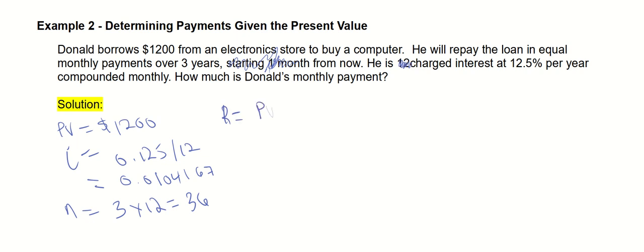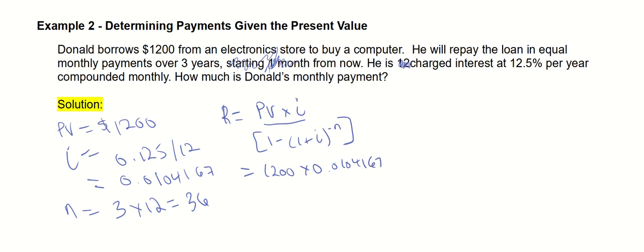It's PV times I divided by, and then we have this bracket here. We have 1 minus bracket 1 plus I, and then minus N, and that's it. There we go. Drop our numbers in. PV is 1200 times I, 0.0104167.